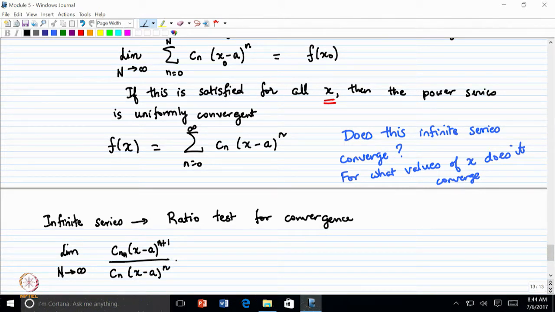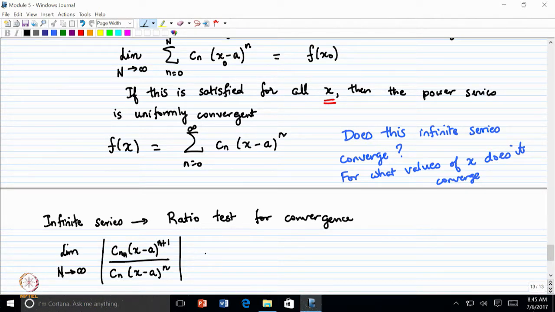If this limit is less than 1, then the series will be convergent. So, let us take this limit and see what we get.